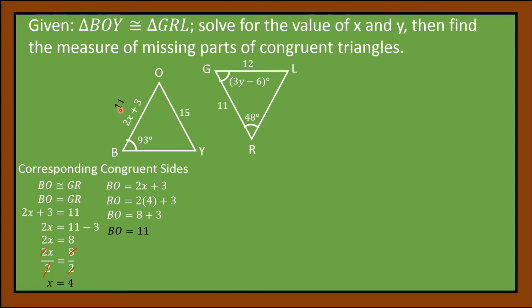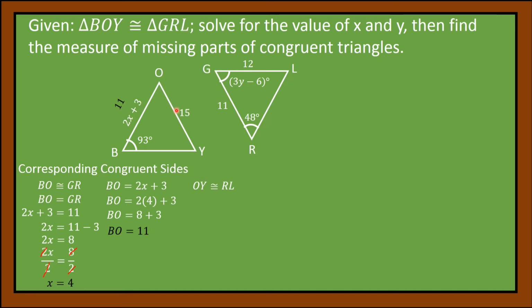So as you can see, the values we obtained for the measure of side BO and the measure of side GR are the same. So next, another corresponding congruent sides based on our given is side OY is congruent to side RL.